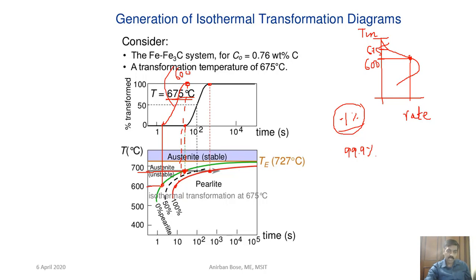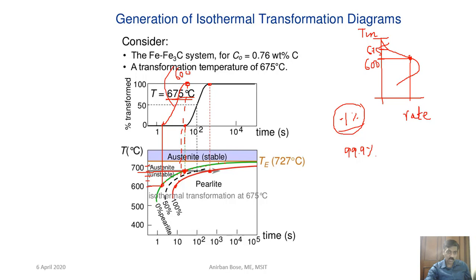So in this way, if we do the experiments at different temperatures, say 700, 650 and all the temperatures, we will get starting points corresponding to those temperatures that we can simply project from this diagram.